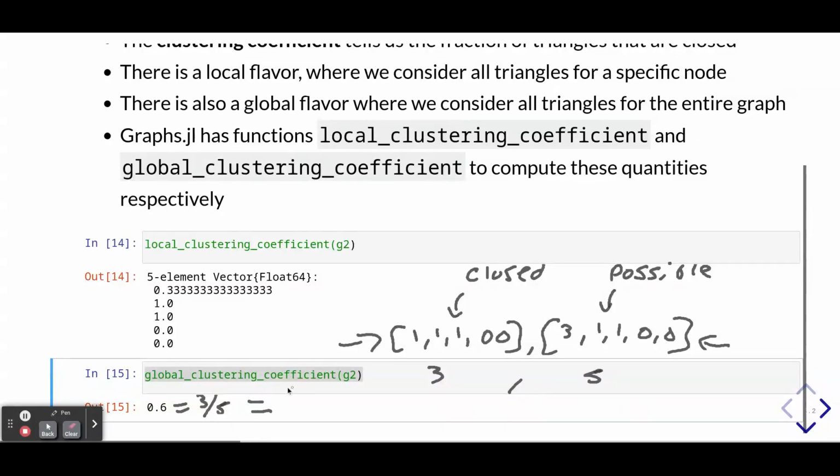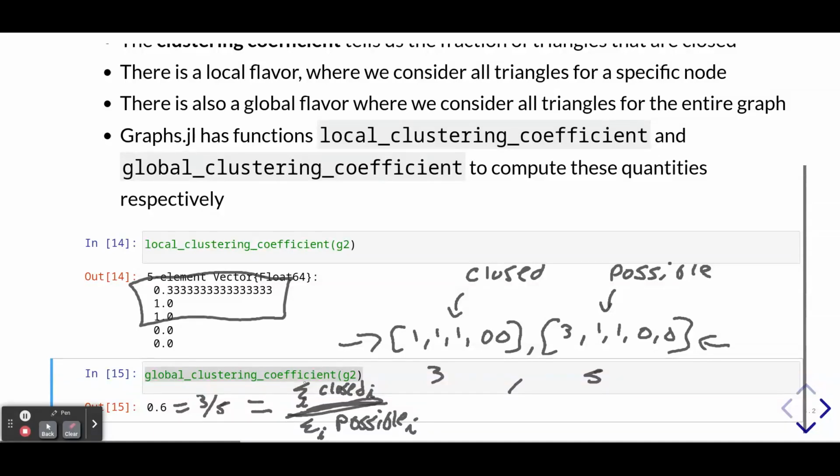So really what this is, it's the sum of closed triangles at node i across all i, over the sum over all nodes of the possible triangles at node i. It's not quite a mean, not the average, say, of these numbers, but rather it's the ratio of these two sums.